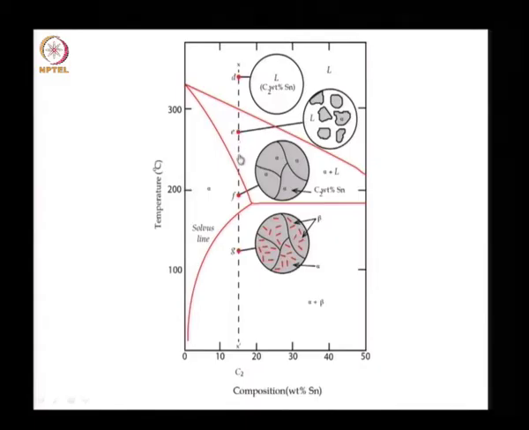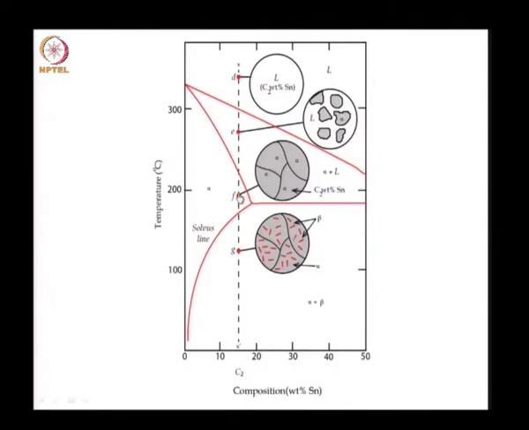Now, as we decrease the temperature, we cross the solidus line and we go into this region where we have a single phase solid region. So, at this point F, at this temperature corresponding to F, we will have a polycrystalline solid with different alpha grains making up the microstructure.